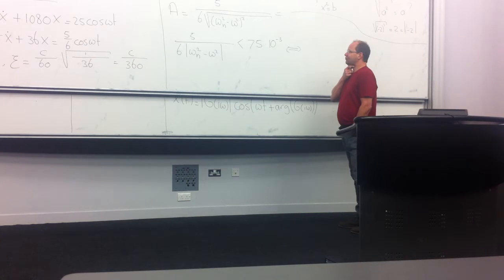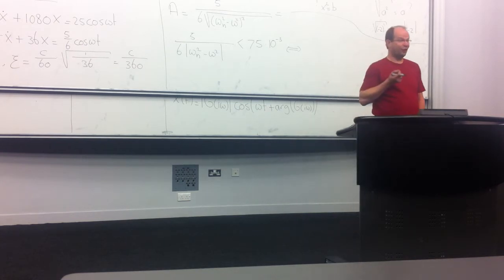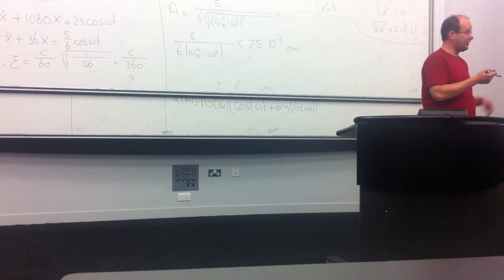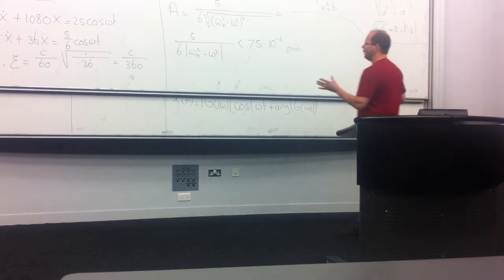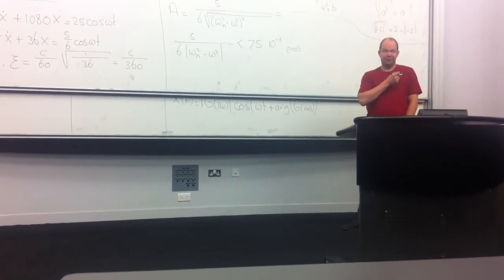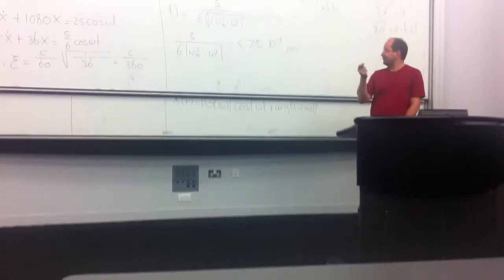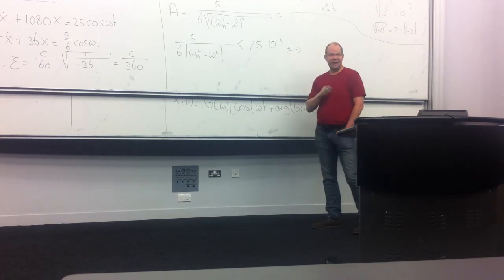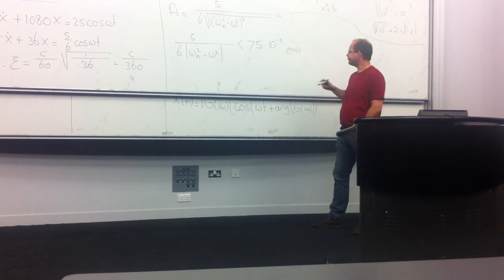So we want to solve for omega. First, I'm going to make this modulus subject. So I'm going to multiply everything by the modulus of omega n squared minus omega squared, and divide everything by 75 times 10 to the power minus 3.